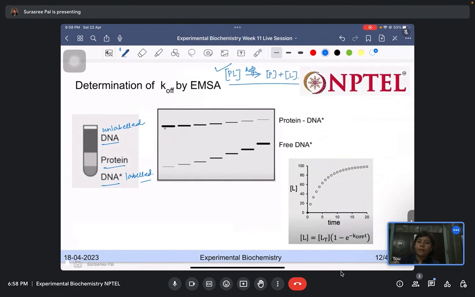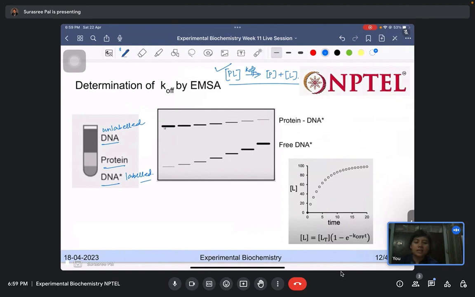And this experiment we will carry out for some time, and while this reaction is going on, at different time points we will take 15-20 microliters of the sample from this reaction, and keep running it in the gel.